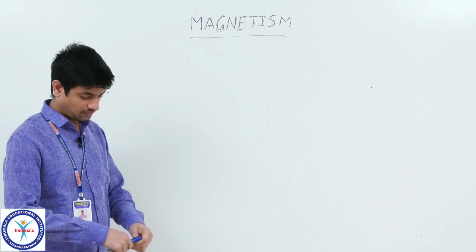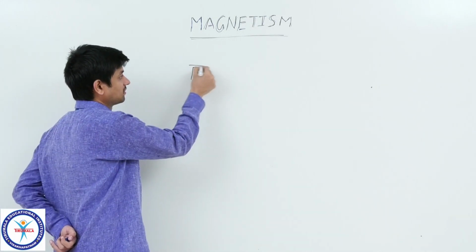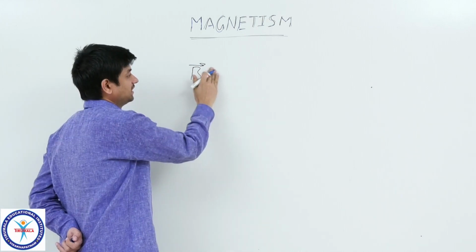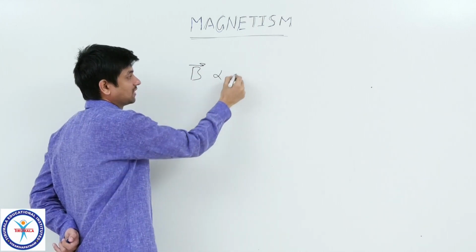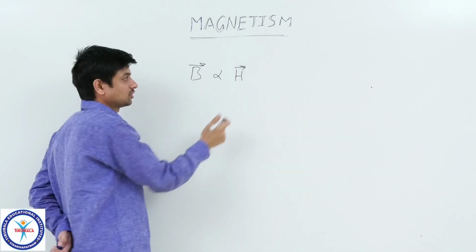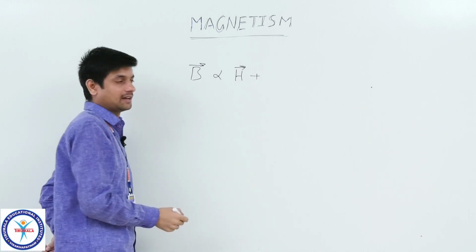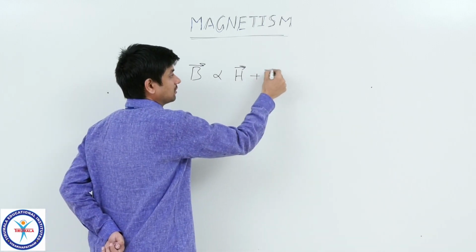So if I want to write the ultimate magnetic flux density B bar, it is directly proportional to what I said: the field that comes from the magnetic source. Due to this, internally the material will generate the magnetization.